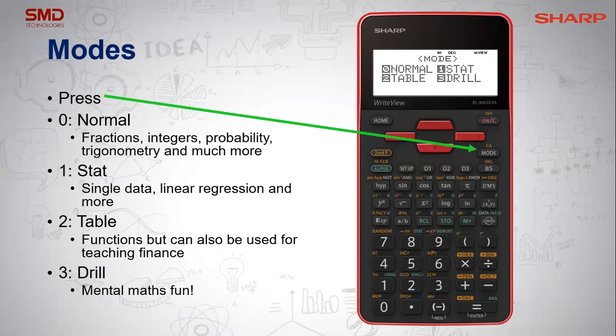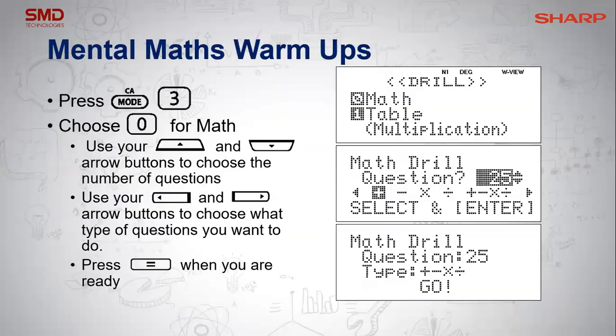I'll just go through the basic univariate data stats with you. In other words, the type of statistics where Mary's maths box are, and they give you a list. Okay, table mode, where we'll talk through finding factor pairs of a number, and then, of course, drill mode, which is practice for mental maths.